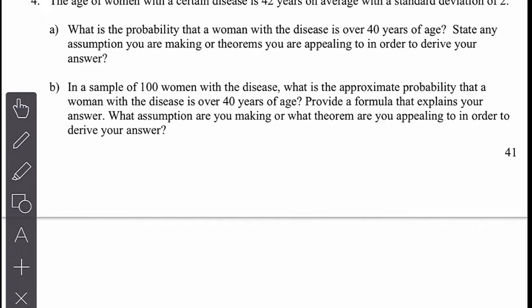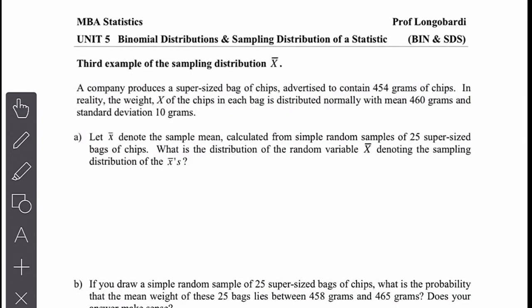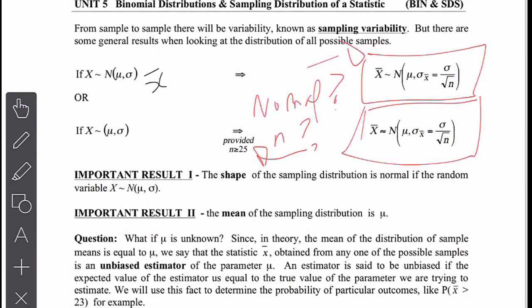The assumption I'm going to have to make is based on our properties, right? Our law of averages, which is the first statement, this one, and the central limit theorem. This second one is what we're dealing with because I didn't mention at all if the distribution was normal. I didn't say that.